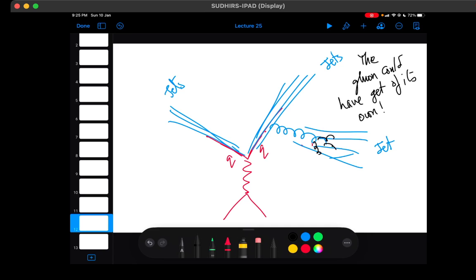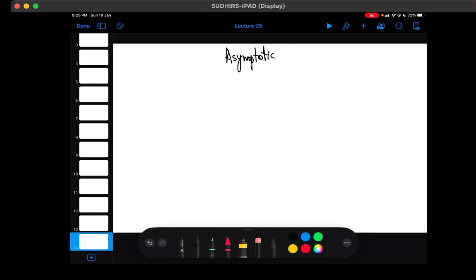Now there is also another very important aspect about the self interactions of the gluon, which plays a role in something called asymptotic freedom, which we have seen. So we saw that there is an effective charge.